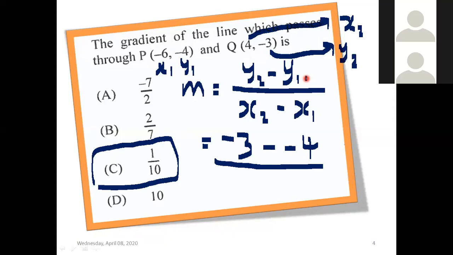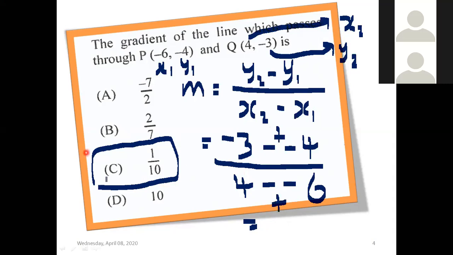Okay. Let me see if I can put in another question. But the denominator here would have been equal to 4 minus 6. Right. Very good. And then these two negatives give you a plus.